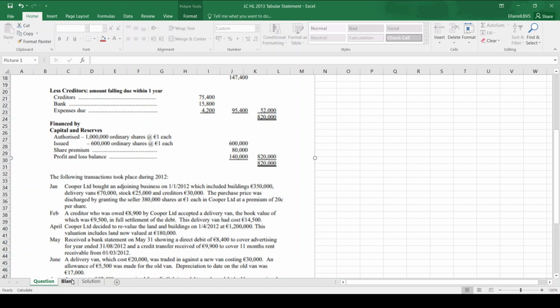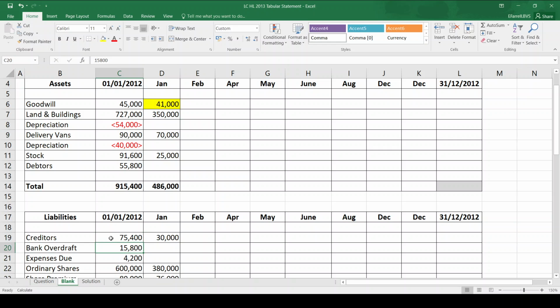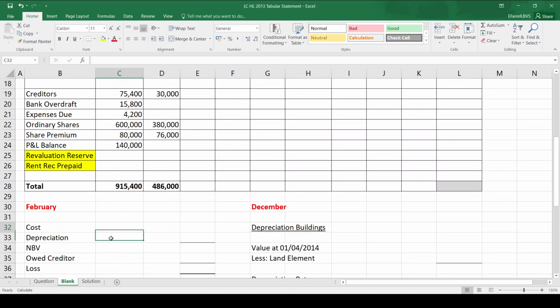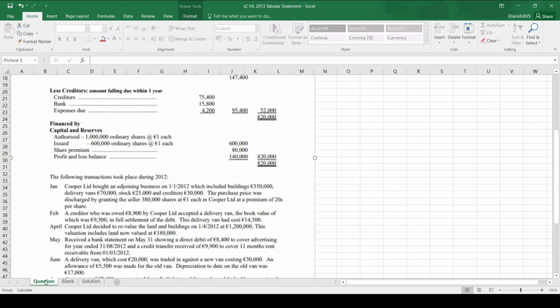So for February, I'm just going to do a quick working down below here. We want to see whether we made a profit or loss on the van when we gave it to the creditor. So the cost of the van from the question was 15,400. It says that it had a book value of 9,500. Sometimes they give you the depreciation and you work out the book value.